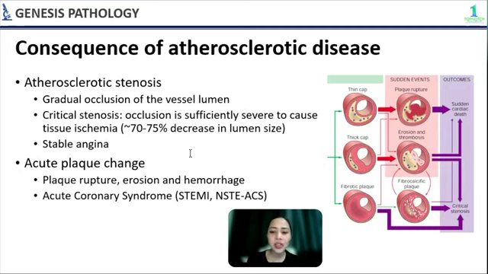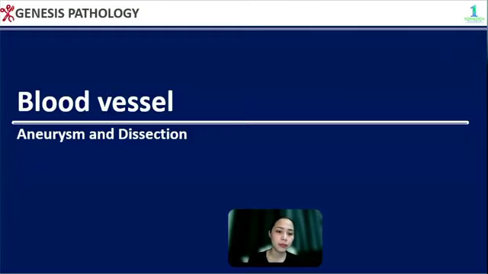Also with this degree of stenosis, no, chest pain may develop with exertion, the so-called stable angina. Acute plaque rupture is the most dangerous consequence. So plaque erosion or rupture can lead to thrombosis, which can lead to acute coronary syndrome. So yung STEMI and NSTEMI.